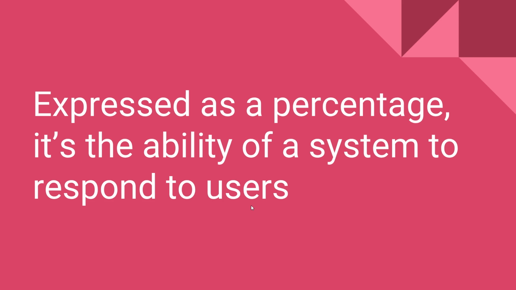So you would expect Google Search has a very, very, very high percentage of availability. I don't know if Google publishes their own expectations for that, but they probably have a very, very high percentage of uptime. Your own WordPress website might have a lower percentage of uptime.